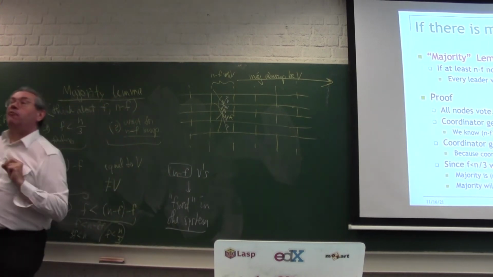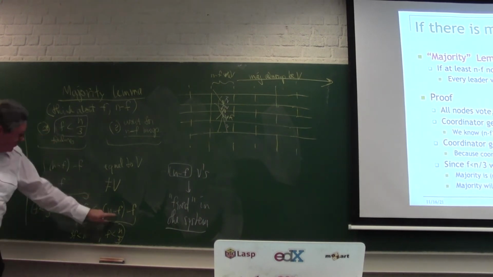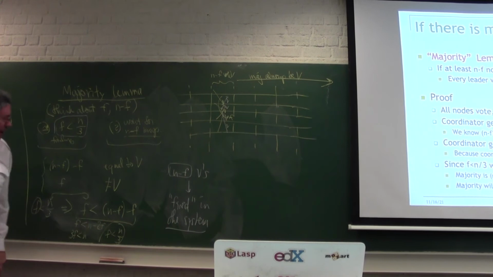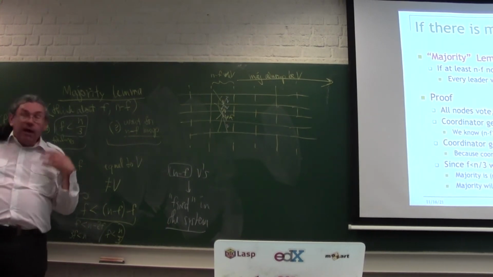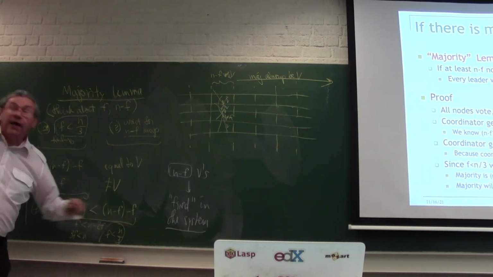Because f is small enough. So the trick is, f has to be small enough. It turns out we can make it up to n over 3. And the reason why n over 3 is because there are 3 f's. There's an f, and there's another f. So somehow this 3 appears because of the 3 f's.